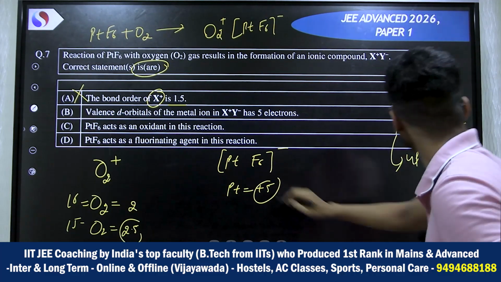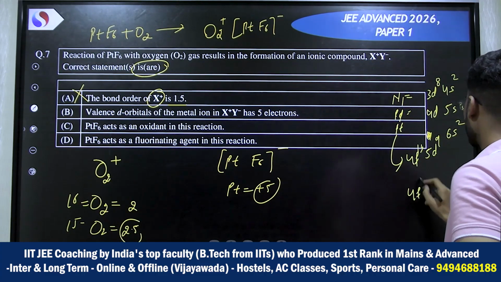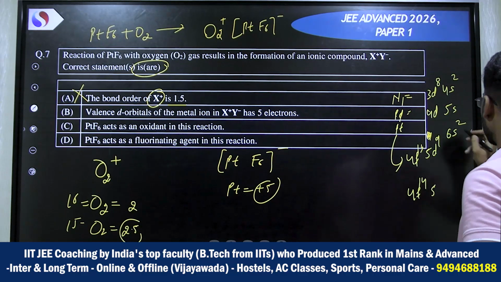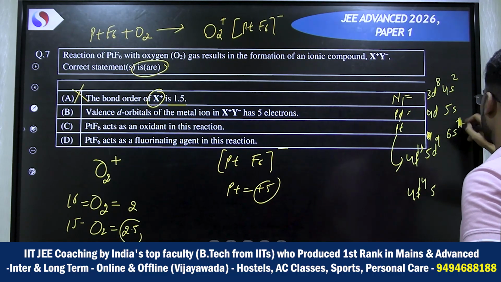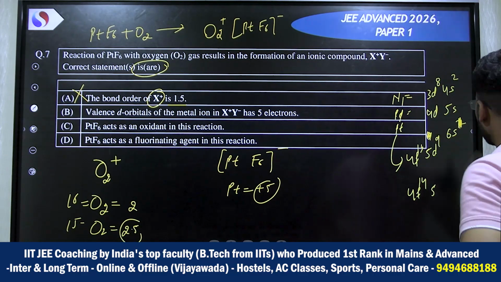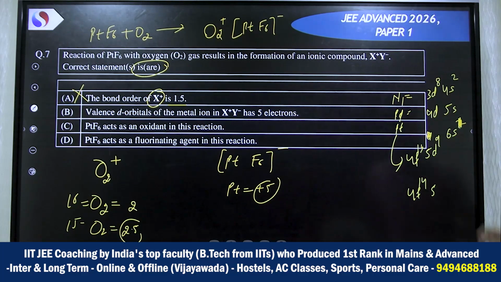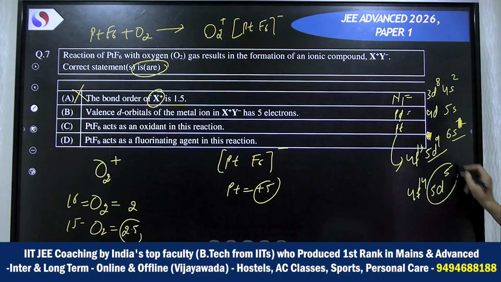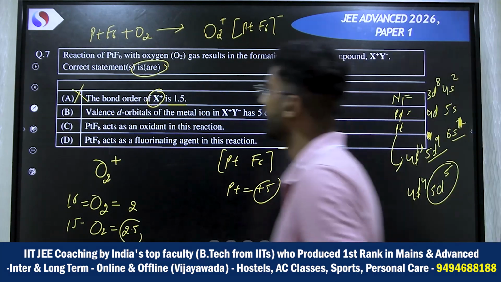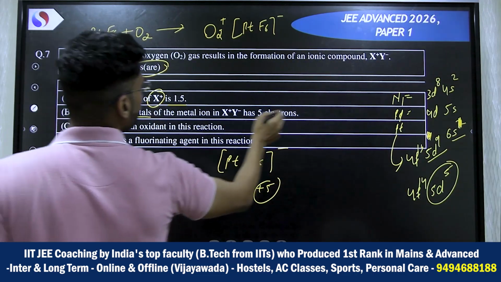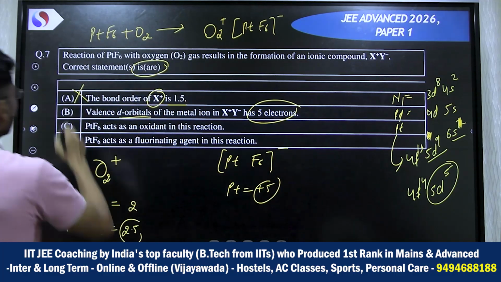Plus 5 means removing 5 electrons: 1 electron is removed from the 6s, and 4 electrons from the 5d, so this is 5d5. The option says the valence d orbital of the metal has 5 electrons, so option B is the correct answer.